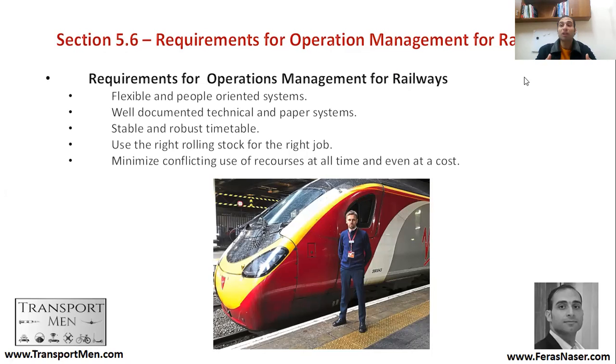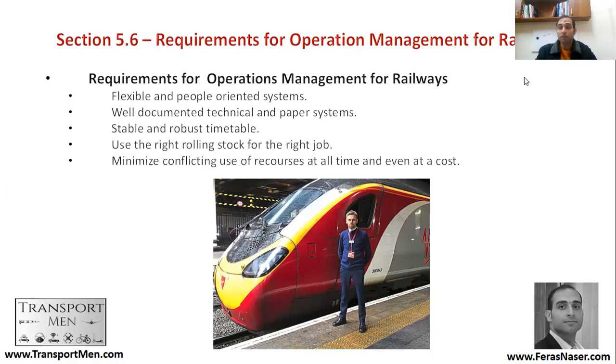They should be able to run a stable and robust timetable that is not changing daily, that is suitable for passengers, and suitable for them as operators, to make sure there is enough maintenance time, and they can make sure the schedule is always being done on time, or the timetable is being delivered.